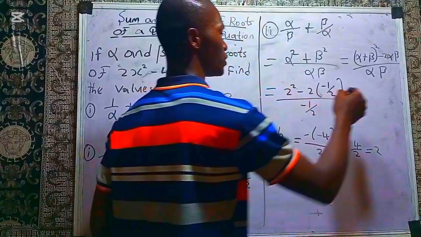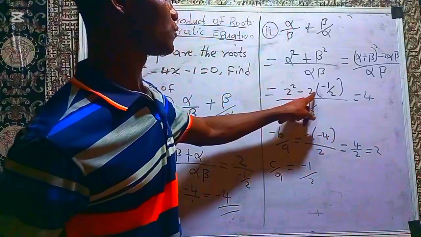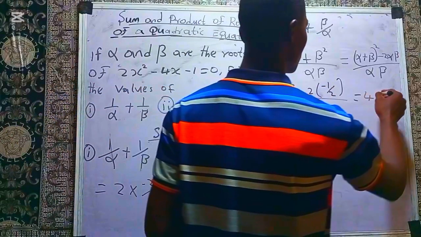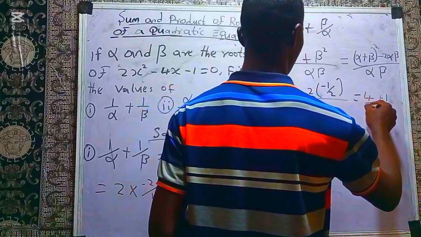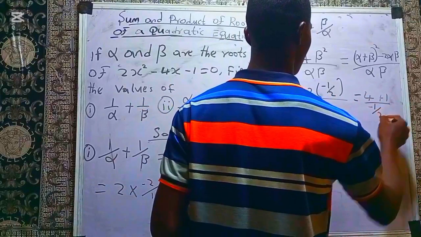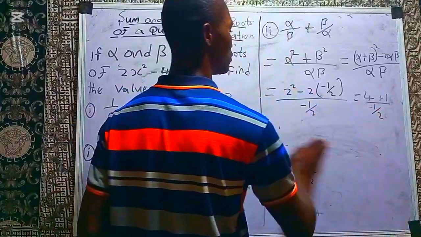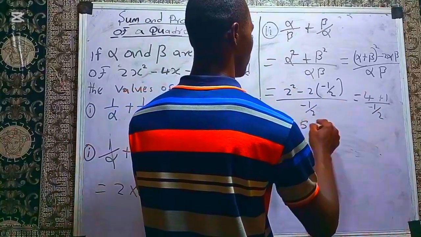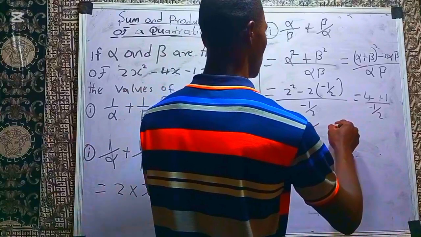2 raised to power 2 is 4. Negative 2 times negative half will give you positive 1. Then all divided by negative 1 over 2. So let's continue the solving down here. If you add 4 plus 1, that is 5, divided by negative 1 over 2.